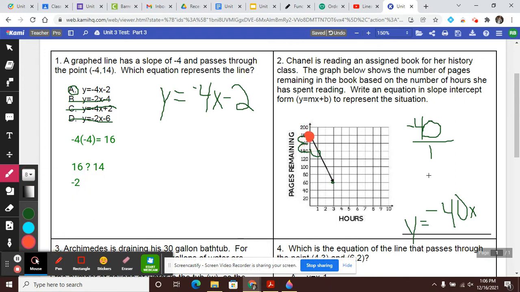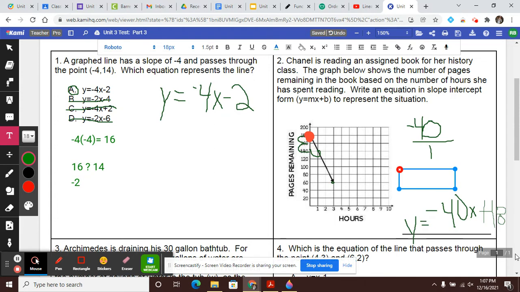So I know that I'm starting here at 180, so my y-intercept is going to be 180. So I put plus 180. If you're having trouble seeing that, we know that we have a slope, and our equation is going to be y equals -40x plus 180.